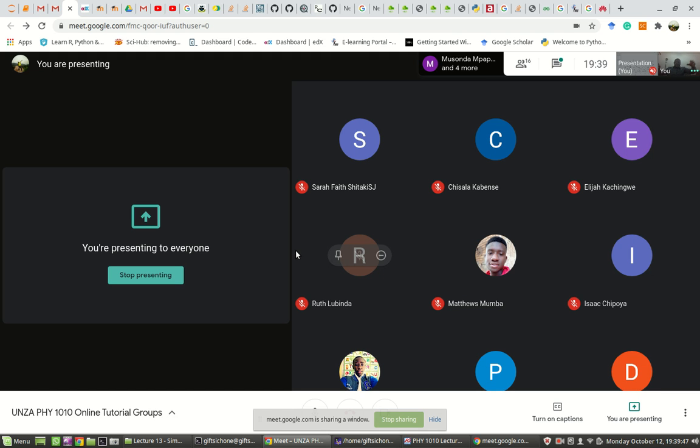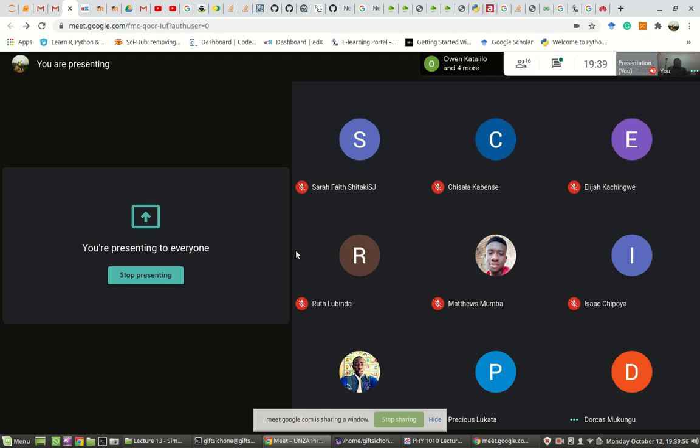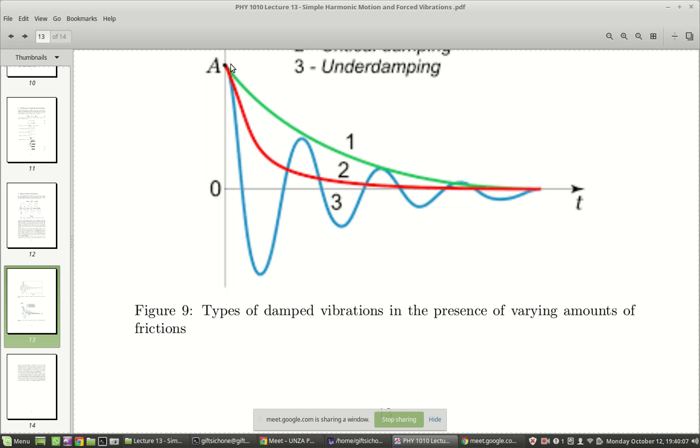That mass is going to compress the spring. The spring will not be happy. Then it will push the mass back beyond the equilibrium on the other side. But when it goes to the other side, you look at the amplitude. The amplitude has reduced. So every time it passes the equilibrium position, the amplitude reduces. Eventually it will come to a stop. So basically this is under damping, the blue line.